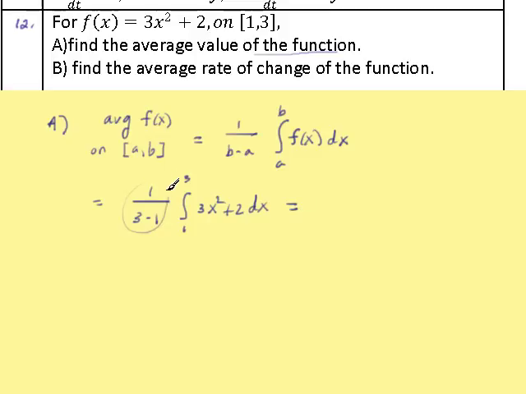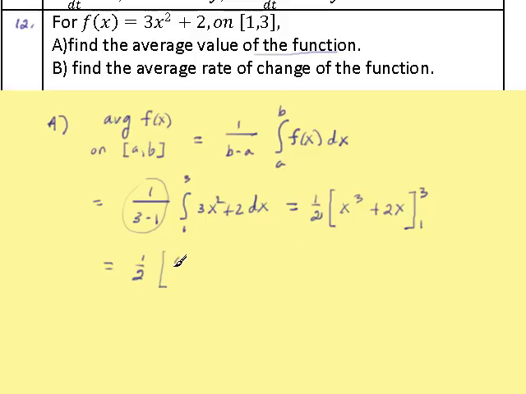So this is just 1/2. And let's evaluate this integral. Do the power rule. So that's 3x cubed over 3, which would just be x cubed plus 2x. And we're going to evaluate between 1 and 3. That means we're going to substitute in 3 first.